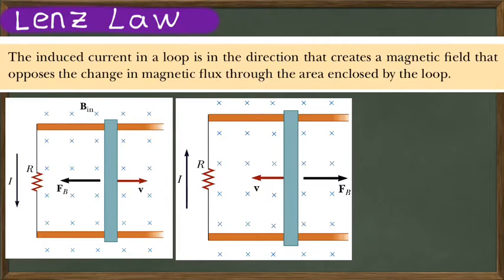Okay, so what can you tell about the second picture? Well, I think I already gave the direction of the current. If you move the bar to the left instead of the right, like in this picture, then the induced current will be in the opposite direction, of course, because this time you're decreasing the flux by moving the bar.